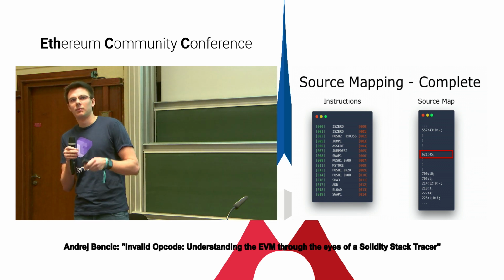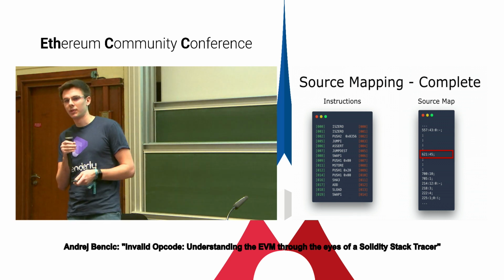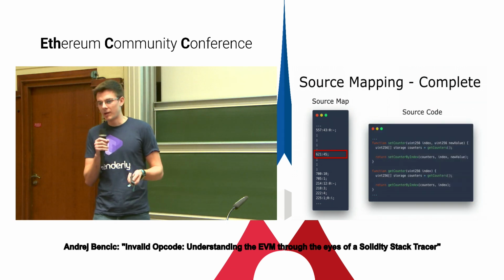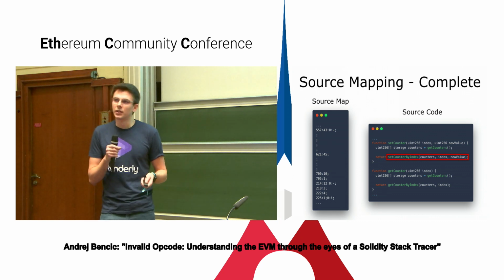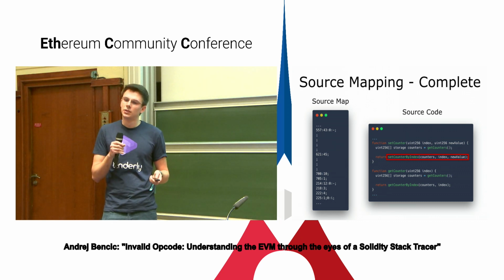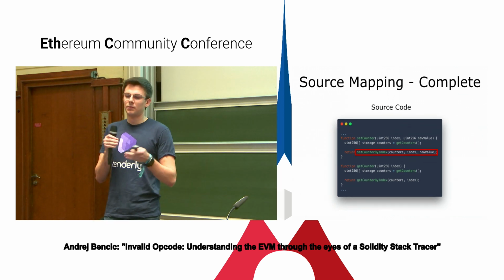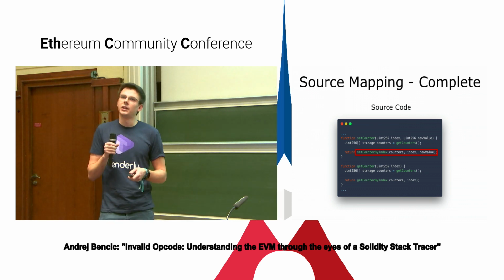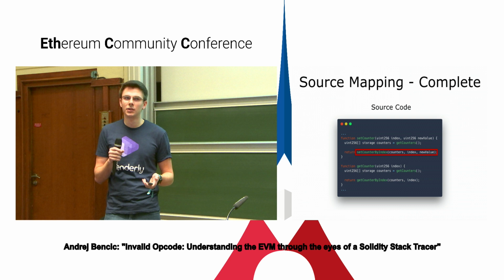So the index for an instruction is the same for the source mapping. And finally, we know how to take the source mapping and read it and get to the final source code which caused the failure. So that's the final step of our first part, and we effectively already have a lot of information we can use to debug our contracts.